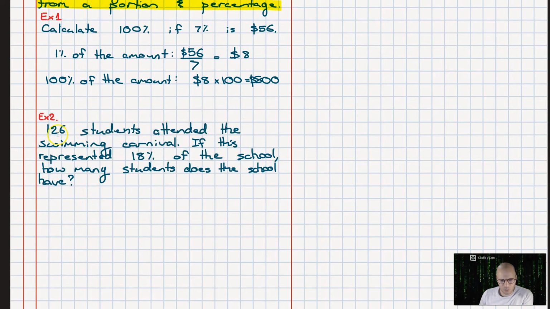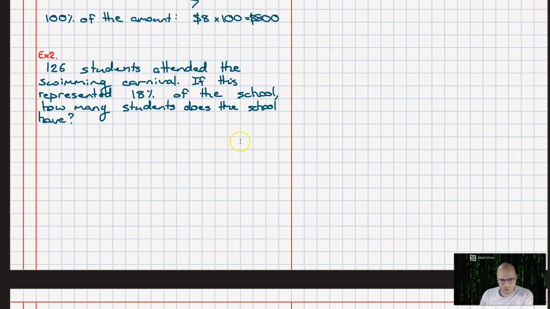We have 126 students attended the swimming carnival. If this represented 18% of the school, how many students does the school have? So what we're going to do is calculate the 1% of the quantity. So our 1% of the amount is going to be 126 divided by 18.